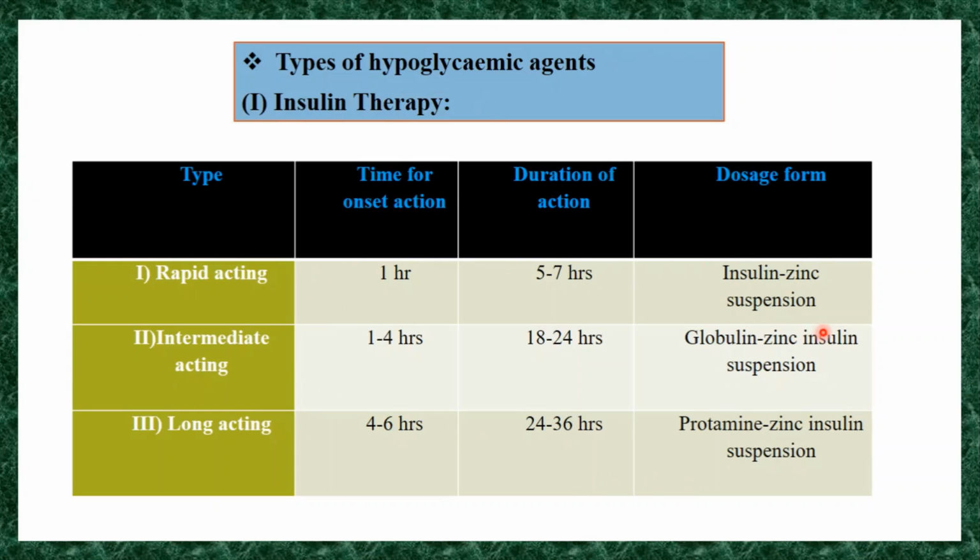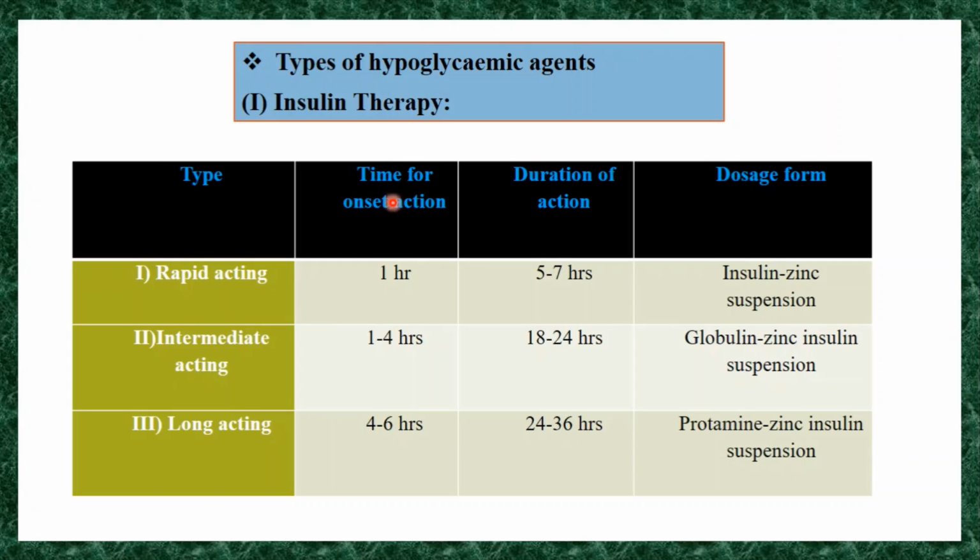For the first one, zinc insulin suspension, the time required for onset of action is 1 hour, and the duration of action is 5 to 7 hours. The second one is globulin zinc insulin suspension. The onset of action is 1 to 4 hours, and the duration of action is 18 to 24 hours. And the last one is protamine zinc insulin suspension.